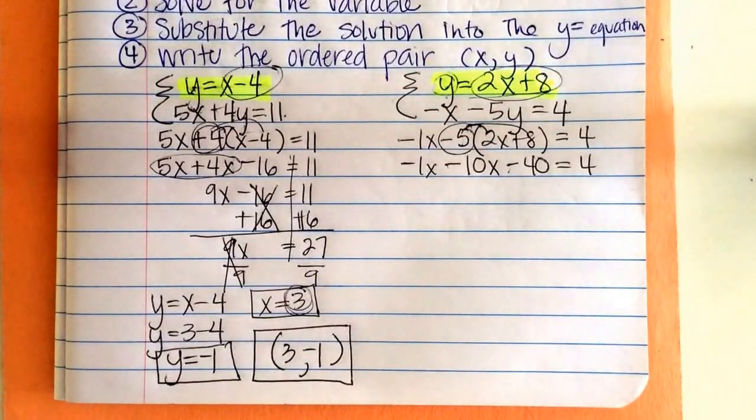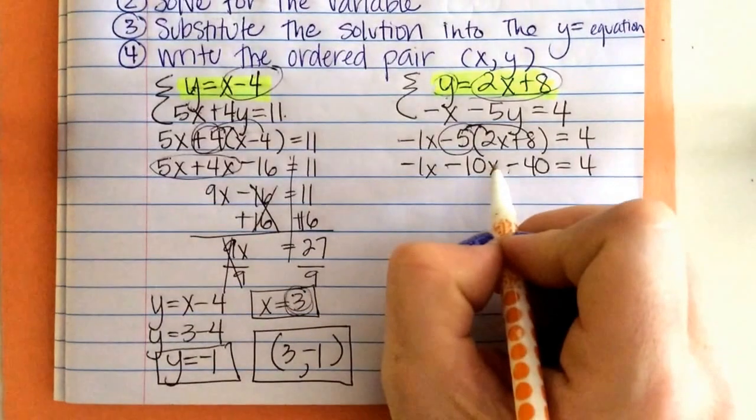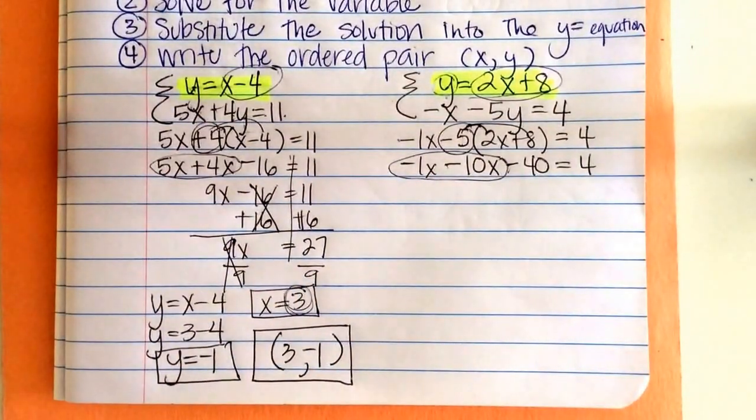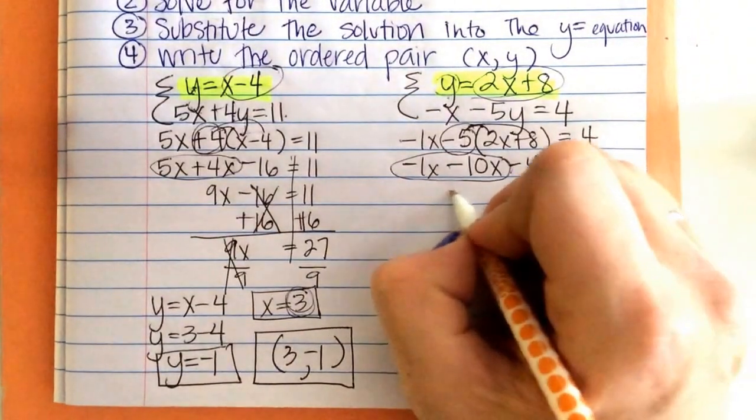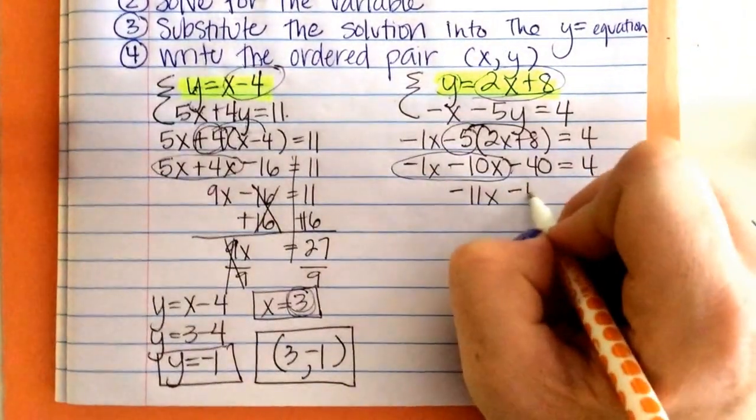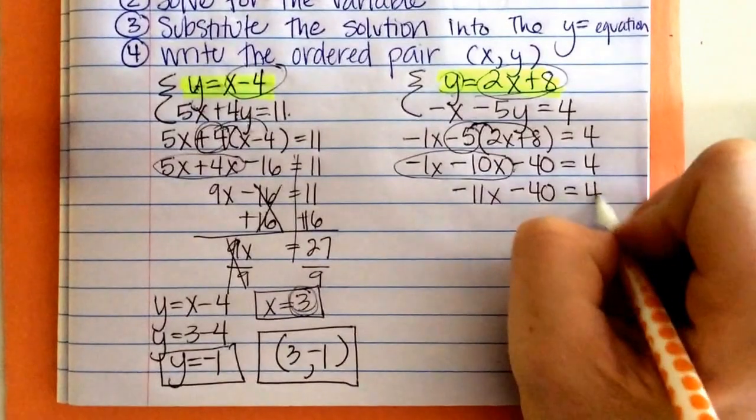Let's keep simplifying. Is there anything else I can do? Negative 1x minus 10x is negative 11x. Minus 40 equals 4.